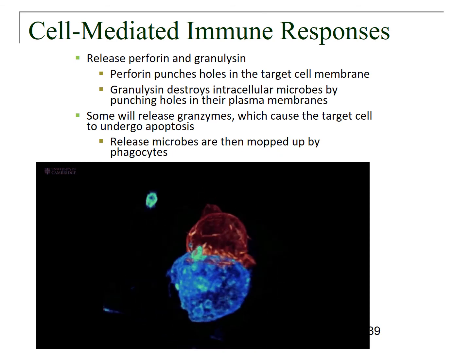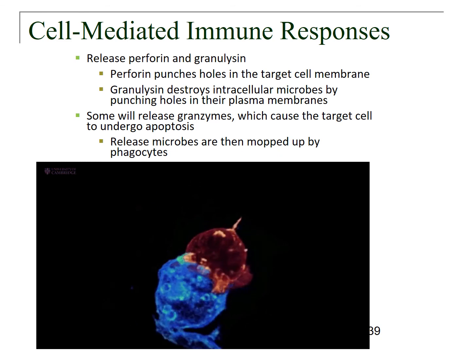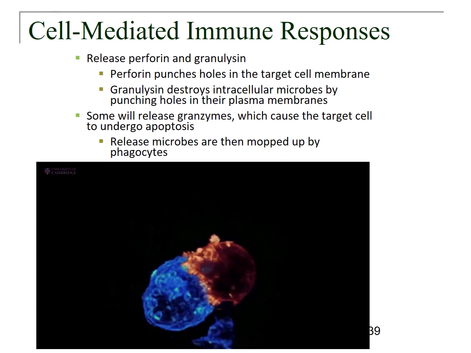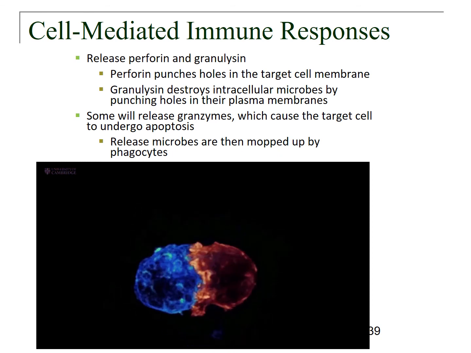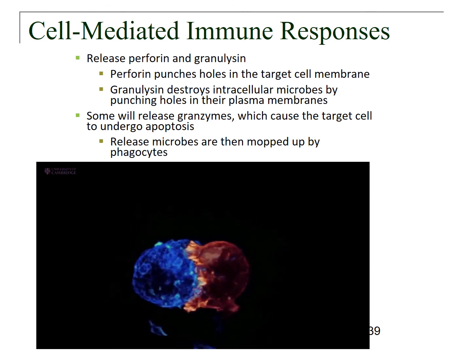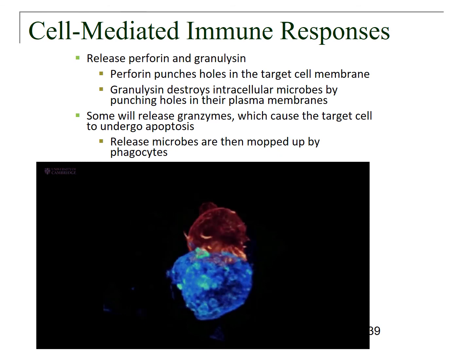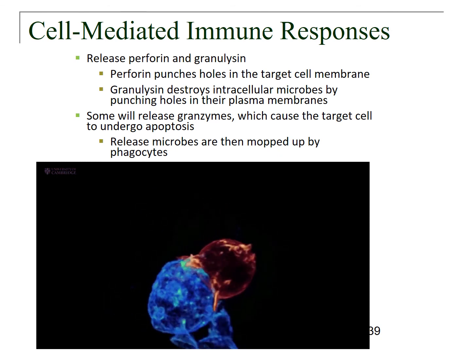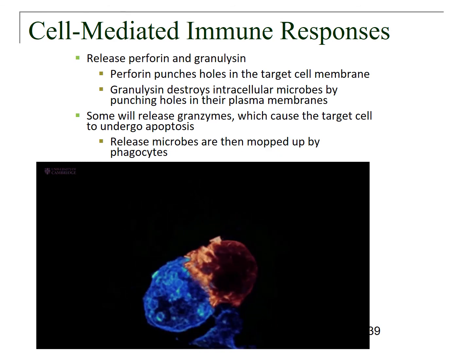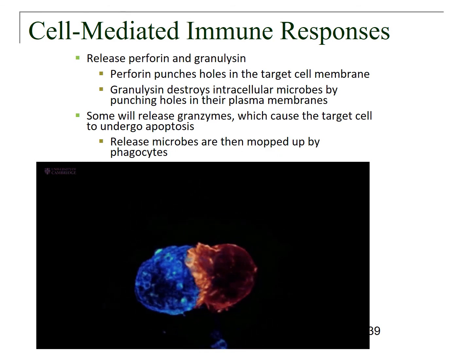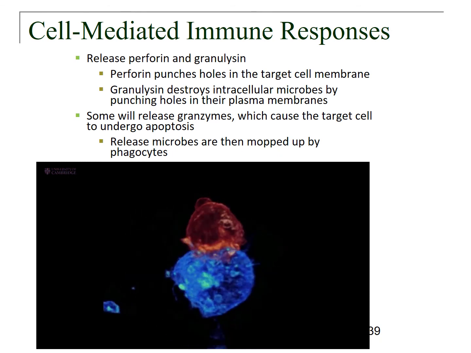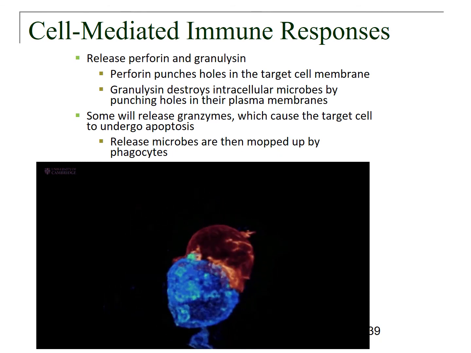What perforin does is the same thing that it does in natural killer cells, punches holes in the target cell membrane, and granulysin can get in there and destroy intracellular microbes by punching holes in their membranes. So if you've got a tuberculosis bacterium hiding within a cell, the first thing that the T cell does is to punch holes in the infected cell and then punch holes in the microbes that are within the cell.